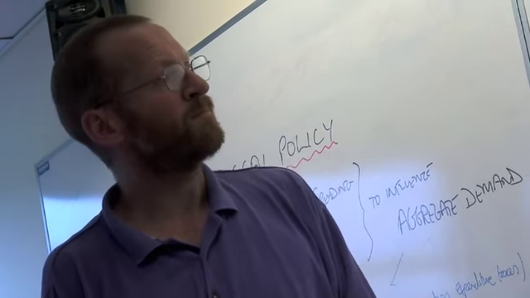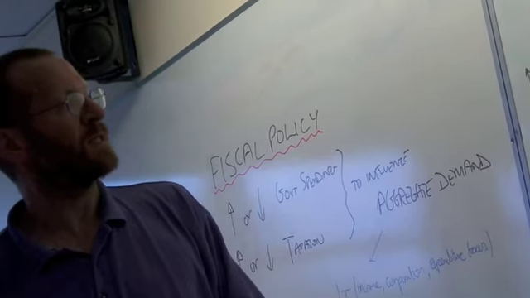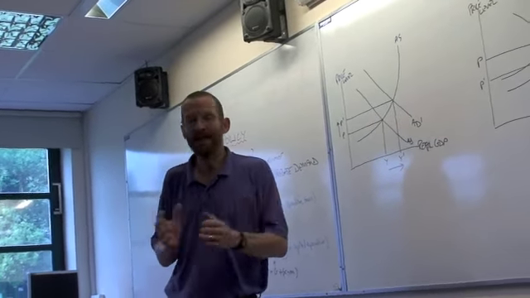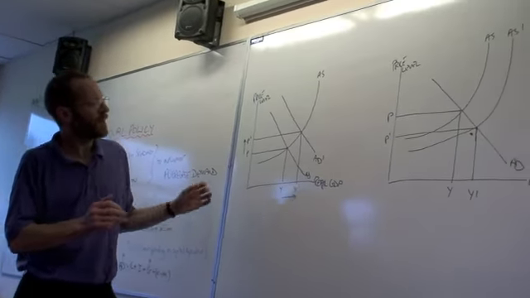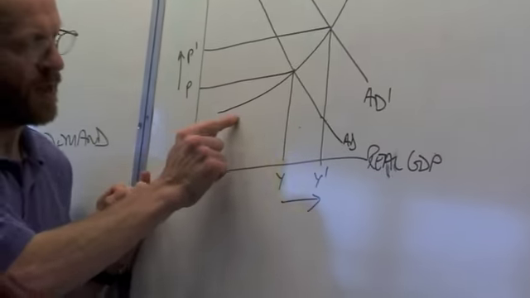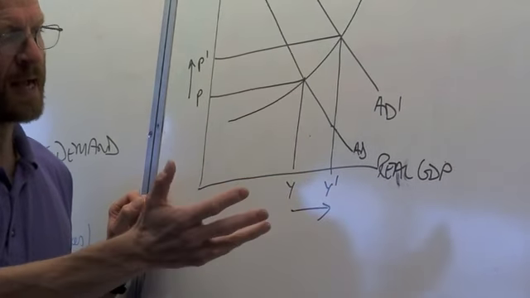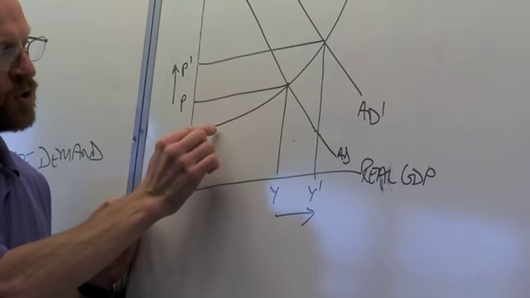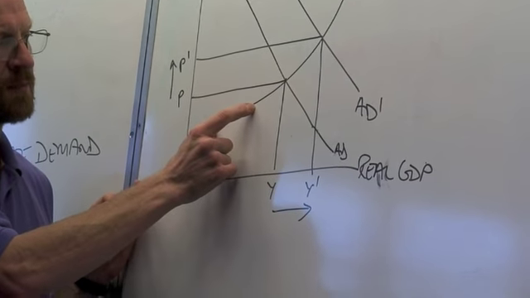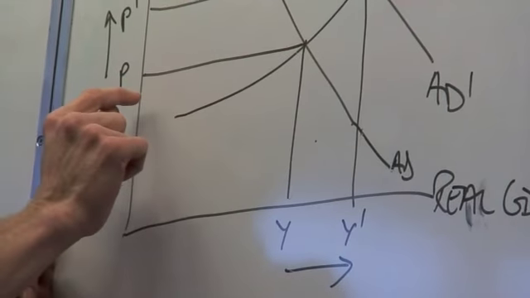The major thing that will determine the effect is where the economy is to begin with. If the economy is over here with much excess capacity, you could have an increase in aggregate demand which would lead to virtually no inflation.